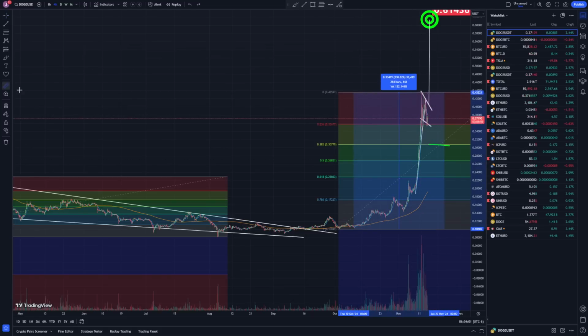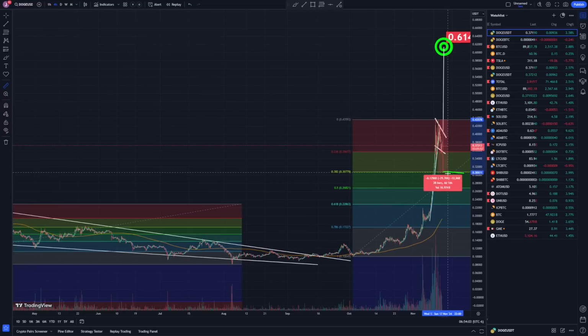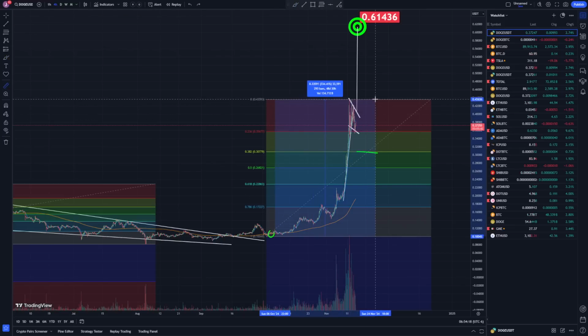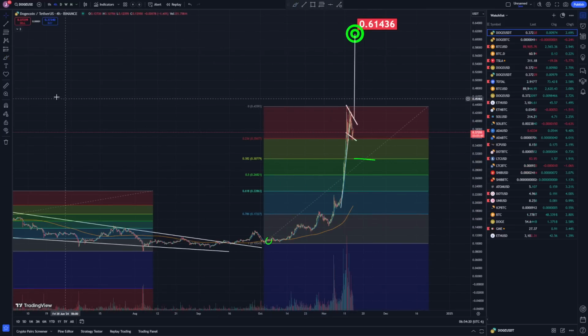So if we retrace, let's say we go down even 50%. Let's say 50% would be something like right here. If you got this trade from the bottom over here to the top over here, that's still really good. That's 300%, retracing down like 50% or whatever.